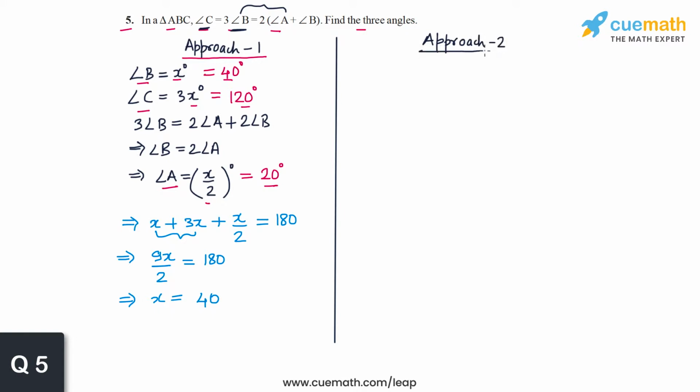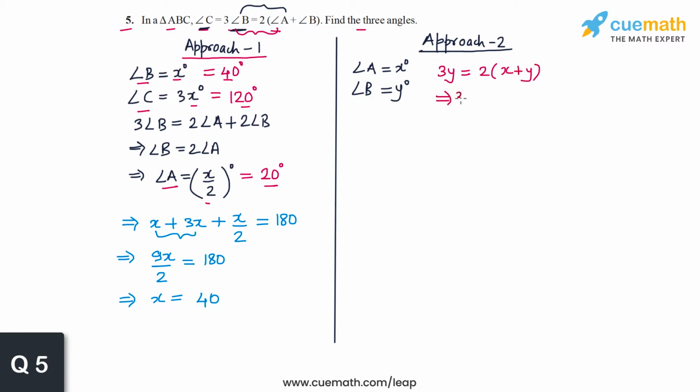So let's say that angle A is x degrees and angle B is y degrees. So let's see what equations we can set up in x and y. So if I compare this equality, 3 angle B equal to 2 angle A plus angle B, I can write this as 3 angle B, or 3y is equal to 2 times A plus B, or 2 times x plus y.